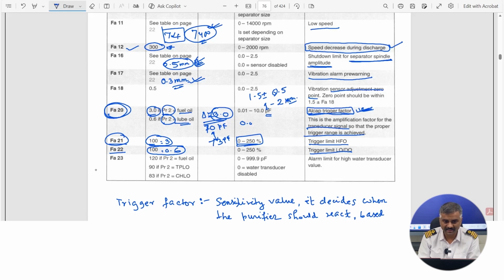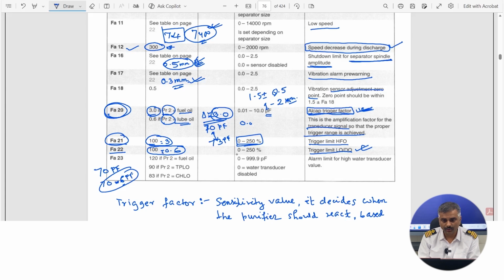So what happens is, say 70 picofarad is for the clean oil, and as soon as you go to 70.6 picofarad in the capacitance, at this slight difference your trigger limit will come and the drain valve will open. That means water has entered. So in a lube oil purifier it is measuring a very small amount of water in the oil.